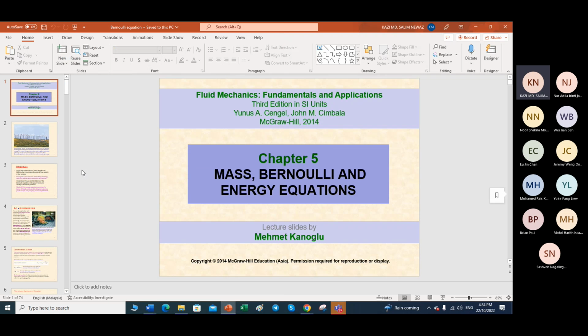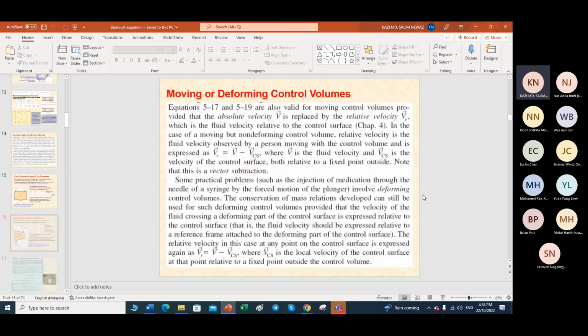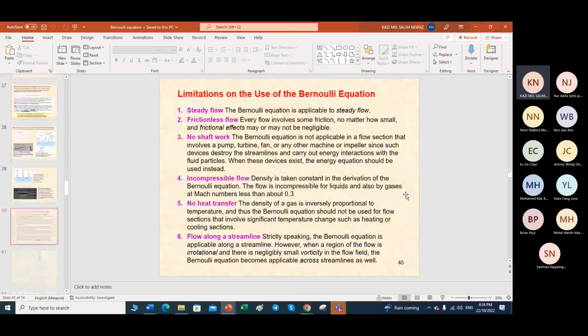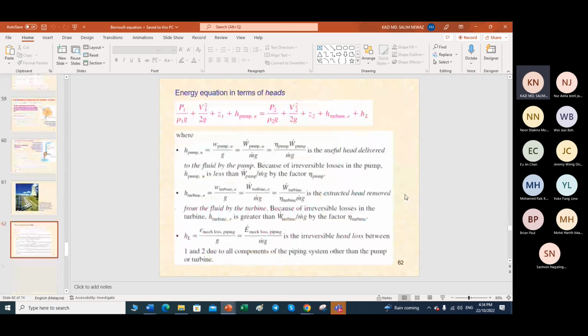Now, this chapter we will study. We will move through this one very fast, to recollect our previous knowledge, so that it will be needed for our calculations.